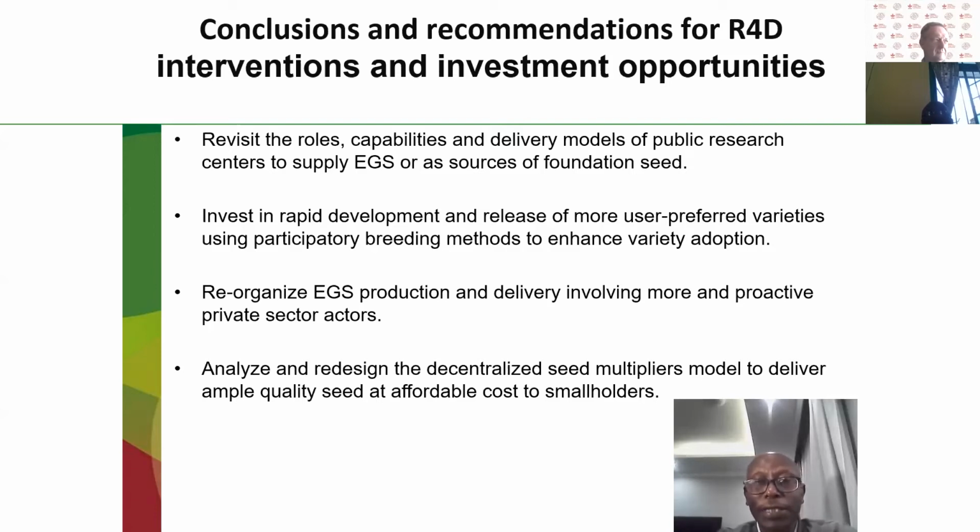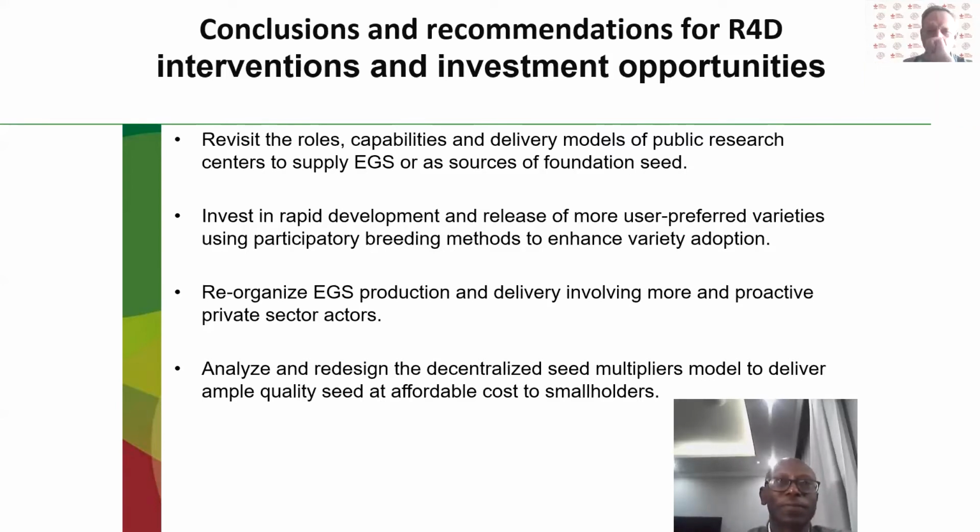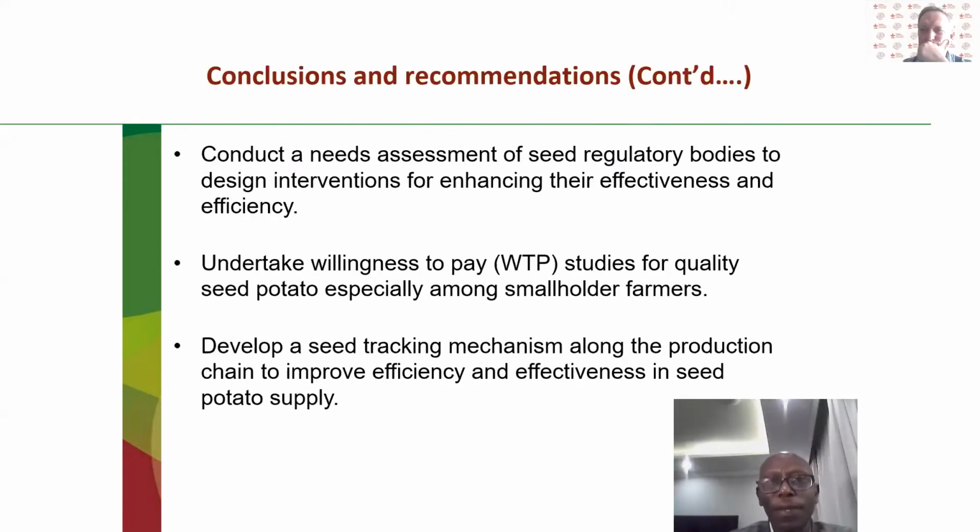We need to recognize EGS production and delivery involving more and productive private sector actors. And we need to analyze and redesign the decentralized seed multiplier model so that they can deliver ample quantities of seed to most farmers at affordable cost. And we need to conduct a needs assessment of seed regulatory bodies to design interventions for enhancing their effectiveness and efficiency.